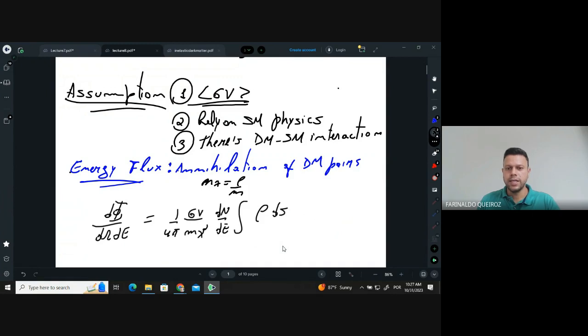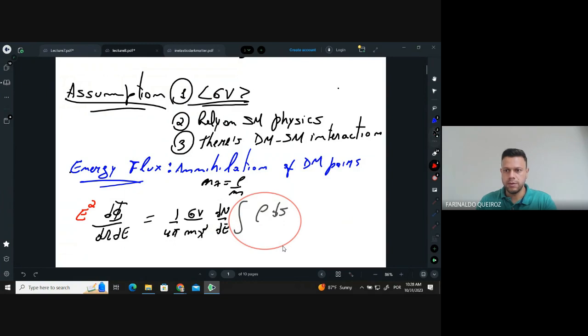And now what I did was I just integrated over the line of sight, how much dark matter there is between me and the source. And this thing here, when I multiply by E or E squared, is called energy flux. So I then multiply by E squared here.